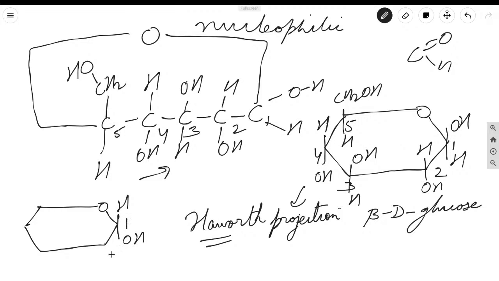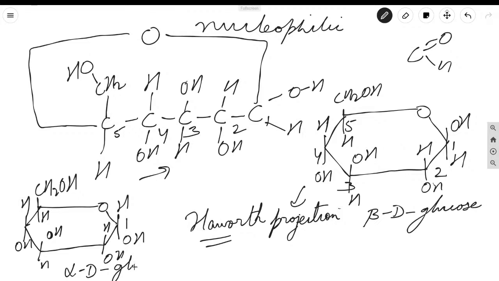If this happens on the first carbon, which is the anomeric carbon, then H, OH, OH, H down, and again H up, OH down. Okay, if this is what happens, that is known as alpha D glucose.